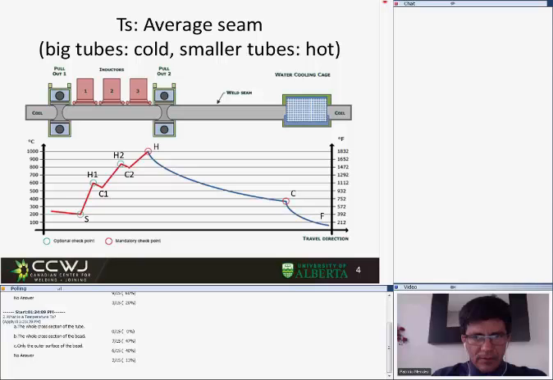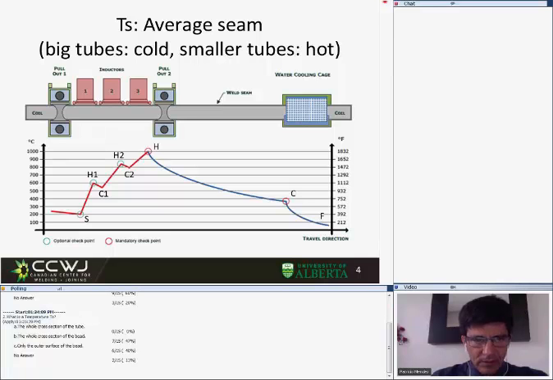For sure, to have a 200 Celsius degree temperature as an average between the welding and the room temperature means that we should have 400 Celsius degrees before the first inductor. In my opinion, I don't believe that we have this temperature before the first inductor.